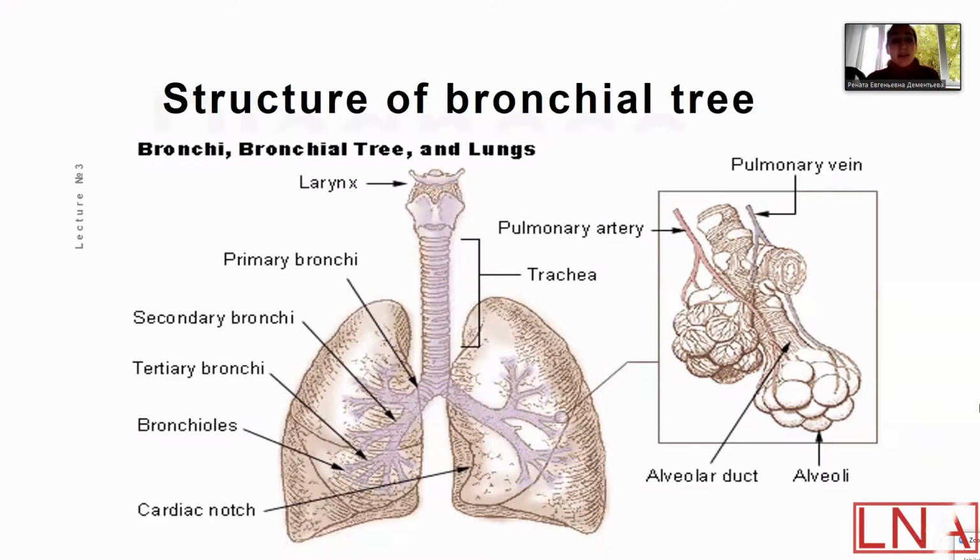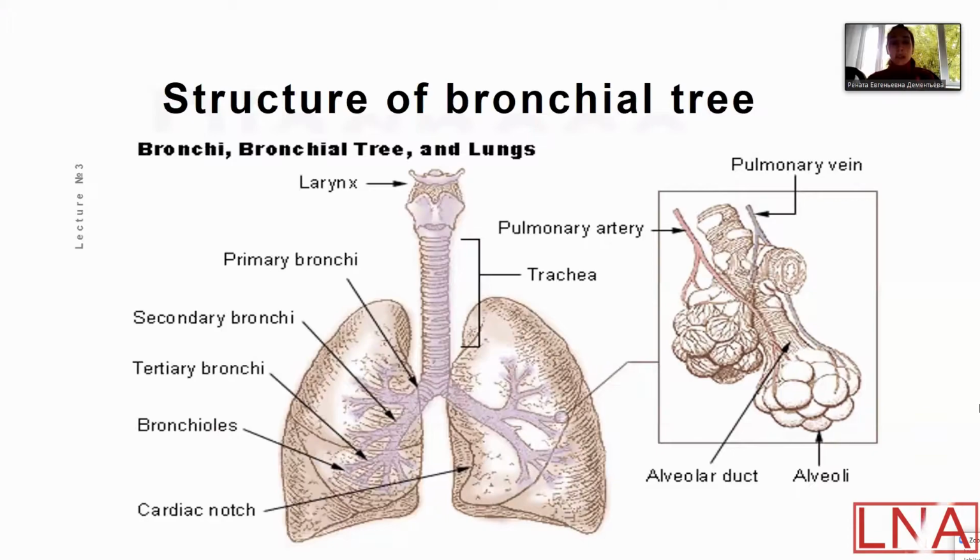This is not a pathological division, but we can explain by the structure of the tree some pathological processes: inflammation, like pneumonia, we will determine more often inside the right lung, exactly because of this structure.